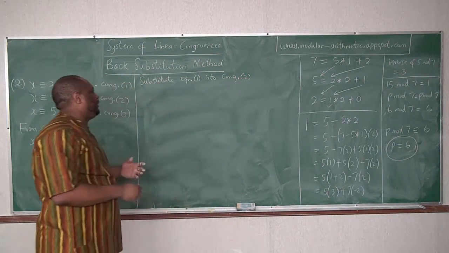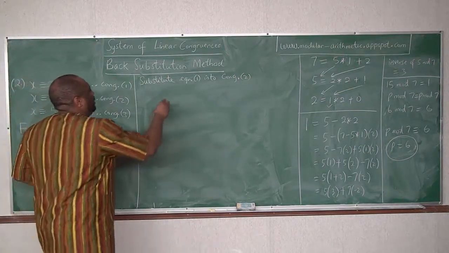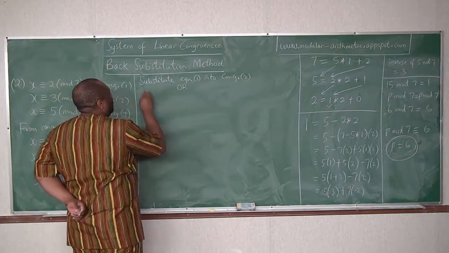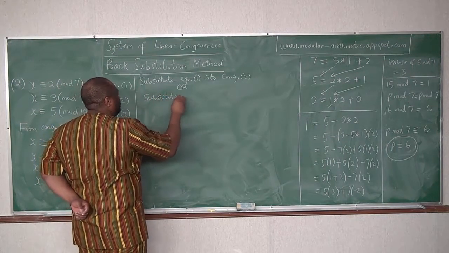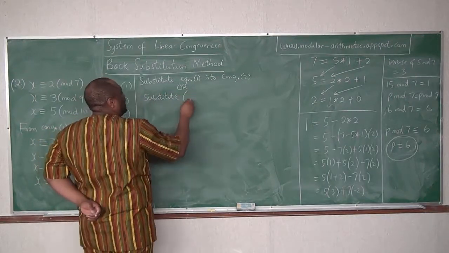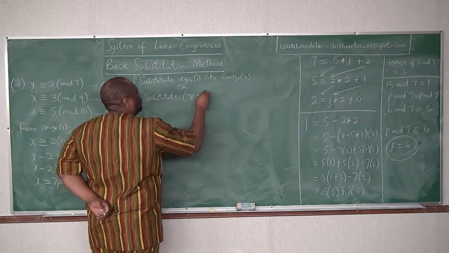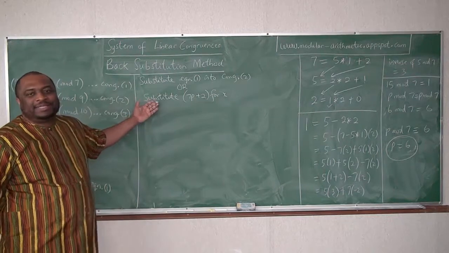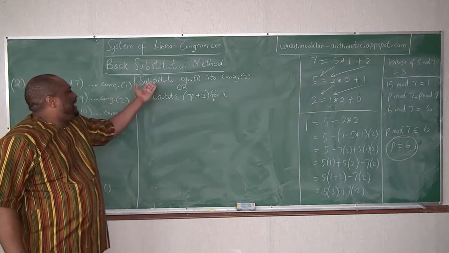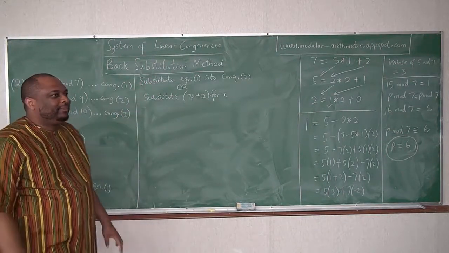Or you can also say it this way: substitute 7p plus 2 for x. This is the actual way to say it, but you can say it like this, no problem.